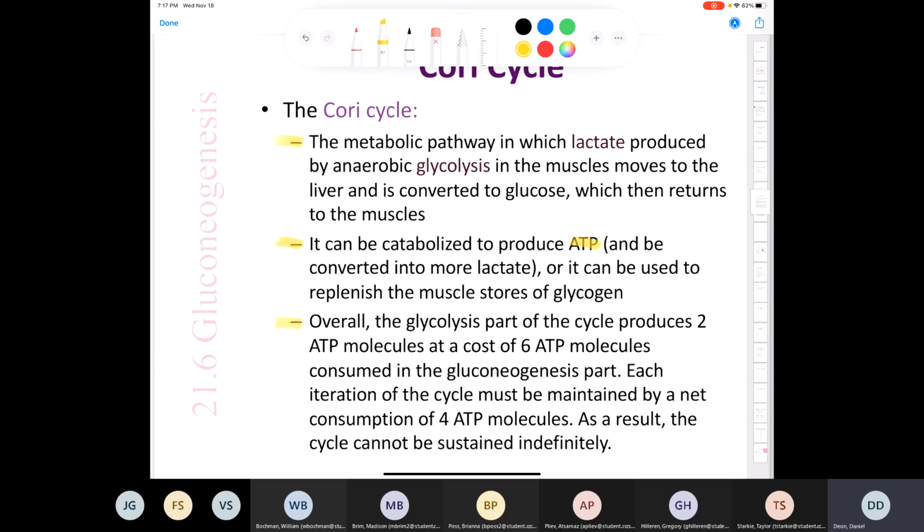This is something I neglected to say, that gluconeogenesis costs a lot more energy than you make in glycolysis. So it's not a sustainable process. So each iteration of the cycle has to be maintained by a net consumption of 4 ATPs. Therefore, the Cori cycle cannot be sustained indefinitely.